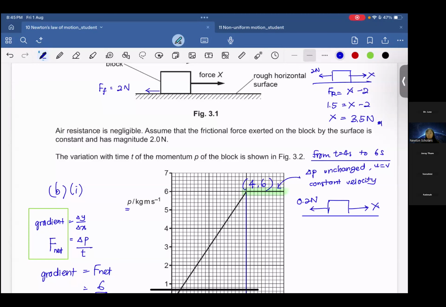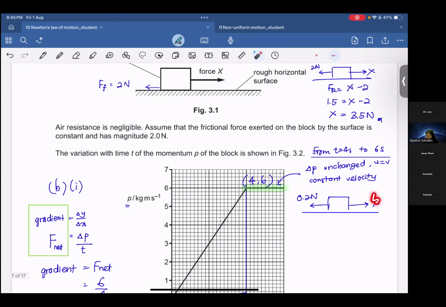Let me check others. Fatima, constant increase to 5 Newton. If here is 5 Newton, then it will be some value and accelerate. If it accelerates, it won't be a constant momentum.